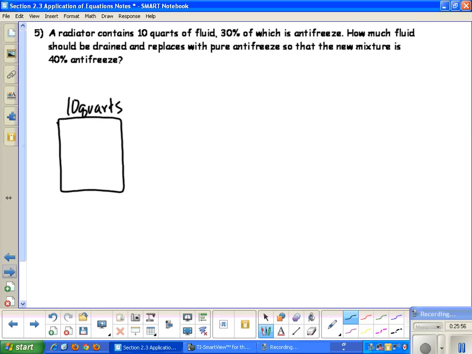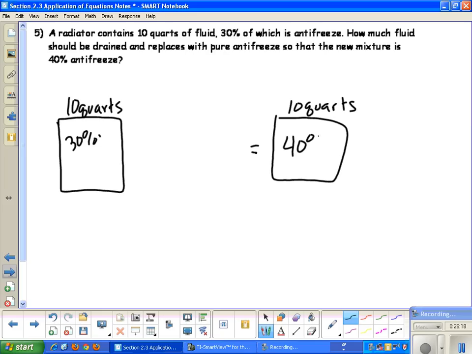So because of that, we want to make a new mixture. Right now, this is 30% antifreeze. We want our new mixture to be 40% antifreeze, so we want our 10 quarts to be 40% antifreeze instead of the 30% it is now.